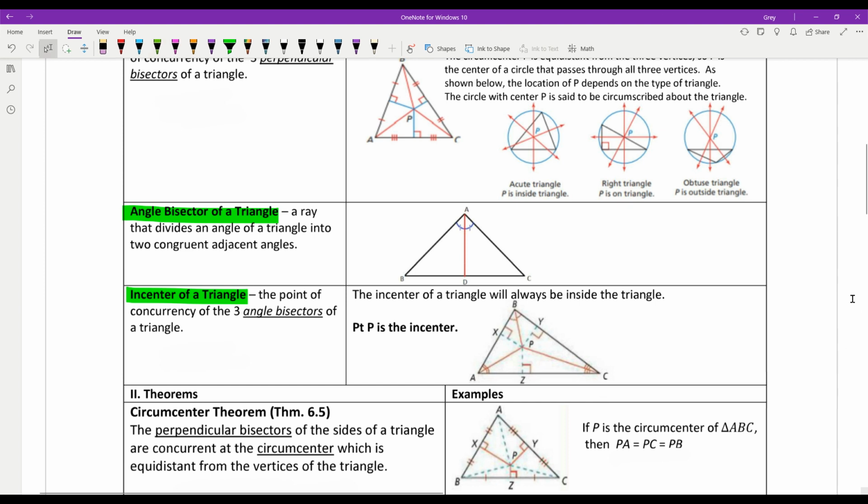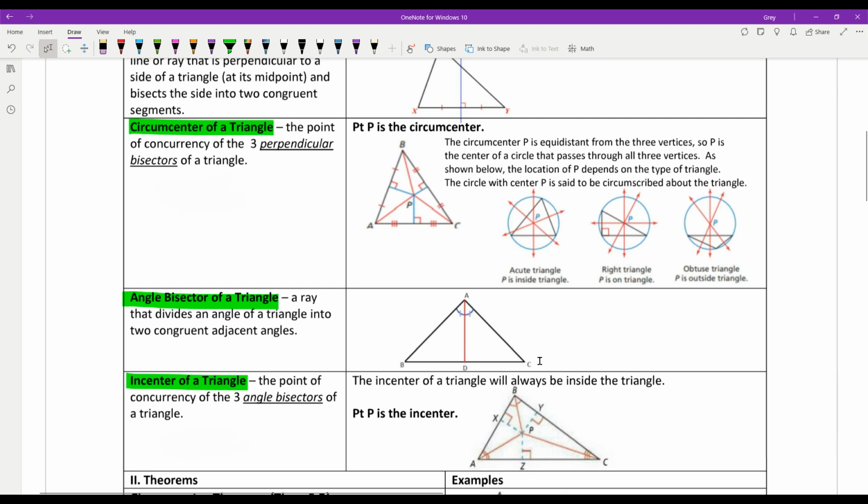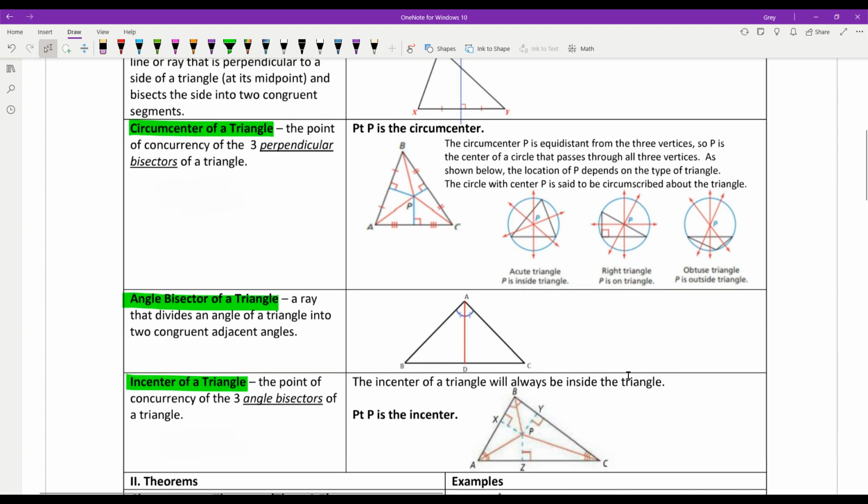Now, one thing to keep in mind to help you keep these things straight in your vocab: these are some little mnemonic devices that previous students came up with. So, PB: the circumcenter is the point of concurrency for the perpendicular bisectors. We remember this as perpendicular bisector, peanut butter crackers.